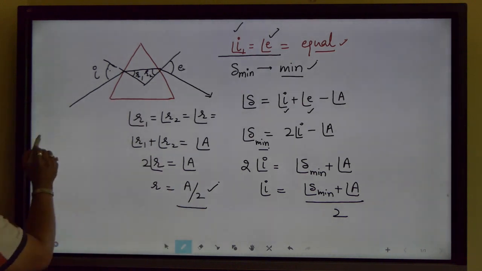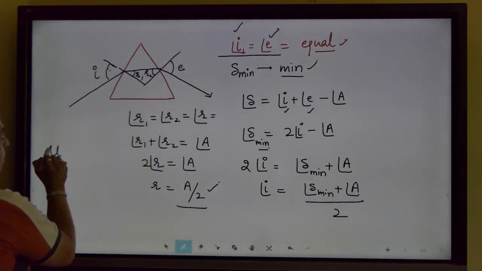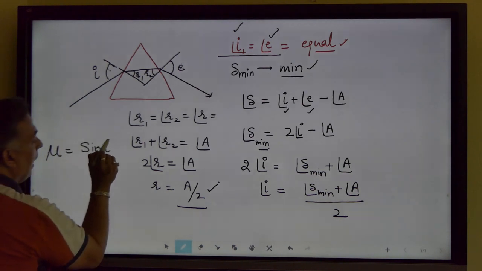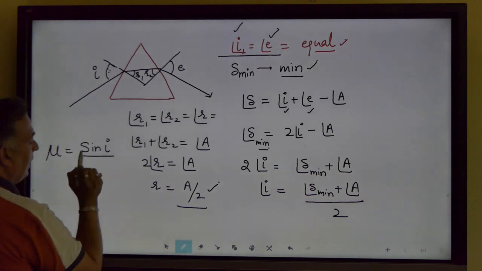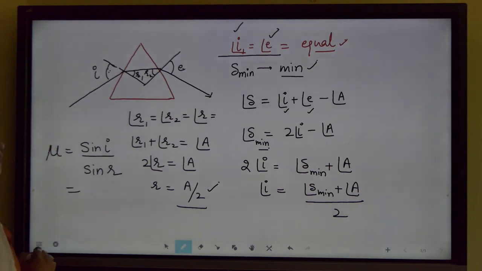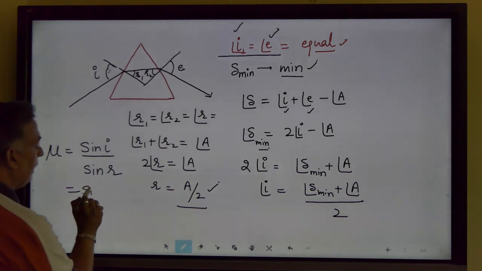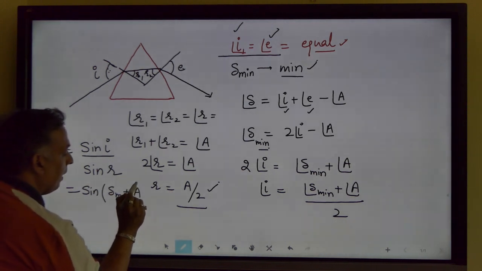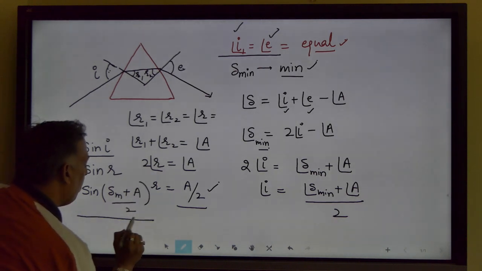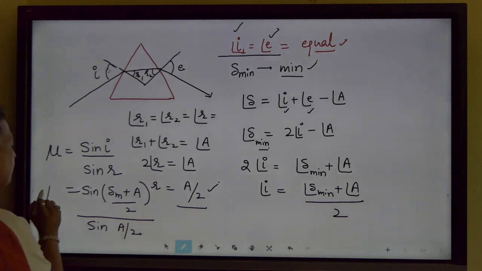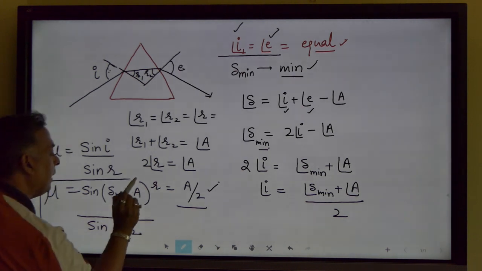We know that refractive index of a prism is equal to sine I upon sine R. I is delta M plus A by 2, so sine of delta M plus A by 2 upon sine A by 2 is equal to refractive index.